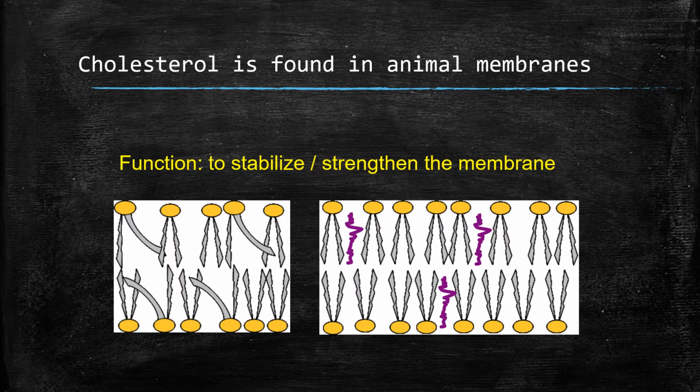For instance, if you look at this image on the left, you might notice that some of the hydrophobic tails are just going all wonky. Then the cholesterol can come in and stabilize those tails to make sure that they're orderly. That is one of the main functions of cholesterol in the cell membrane.